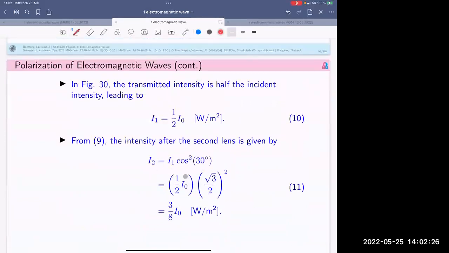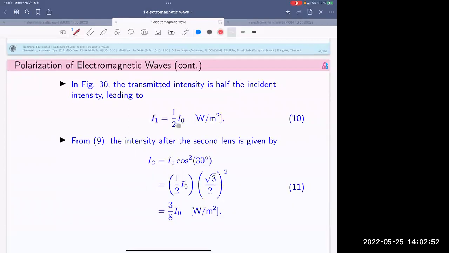I2 is I1, right, times cosine square, and the tilting angle is 30 degrees. And as you know, cosine of 30 is square root 3 divided by 2, right? But we need to make the square because it's power of 2.